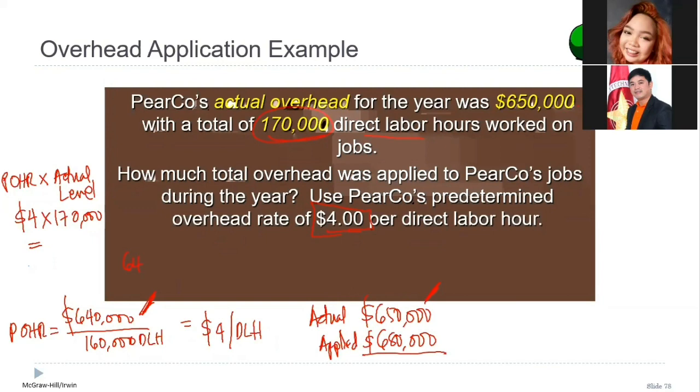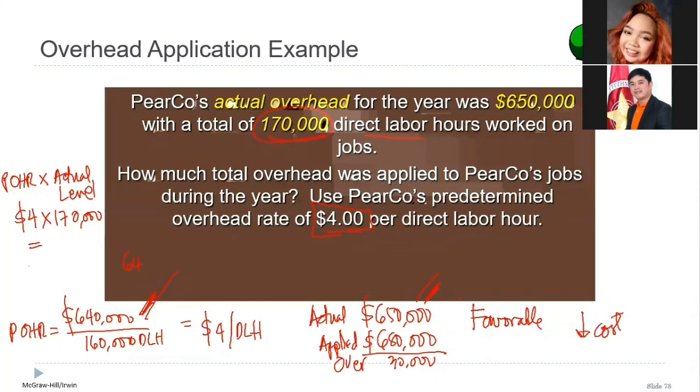Okay. Kapag itong dalawa ang pinagbasihan mo, nagmukha tayo na under-applied. Pero kung totoo, we are over-applied by how much? 650 and 680, $30,000. Is it favorable or unfavorable? It is favorable. Okay? Kung favorable to, what do we expect sa cost? Dapat bumaba.